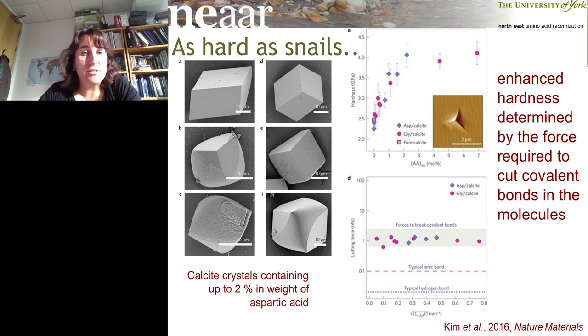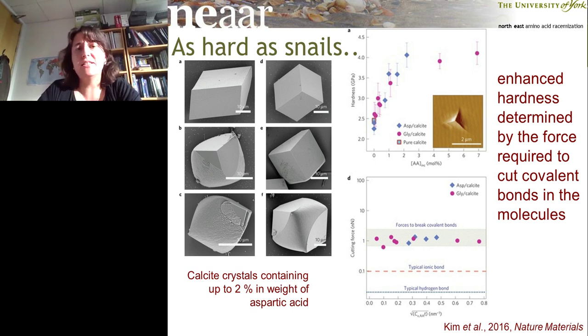What's really interesting is that this takes it from the kind of level of strength that you would need to break an ionic bond all the way up to the forces required to break covalent bonds. So it looks like that enhanced hardness, which of course nature has been using for millions of years, the enhanced hardness of that composite material is determined by the force that's required to cut the covalent bonds in the incorporated amino acids. Hence why biominerals are intrinsically more stable than their pure inorganic counterparts.